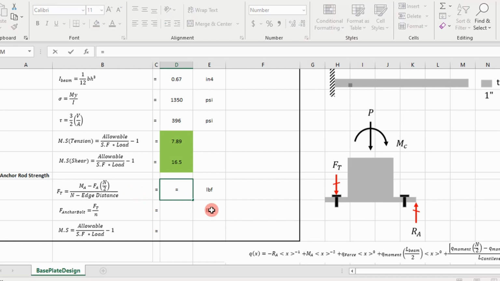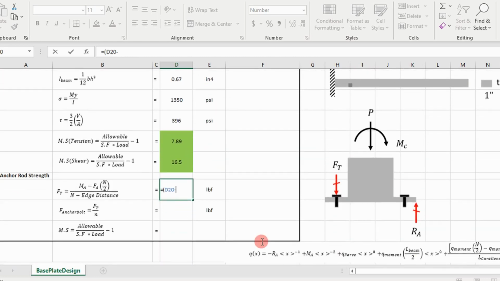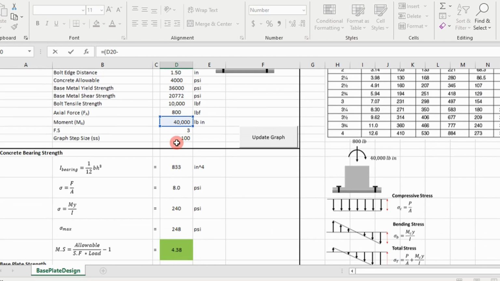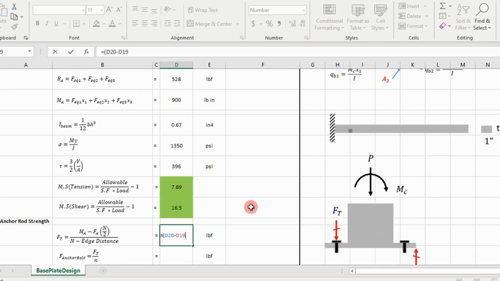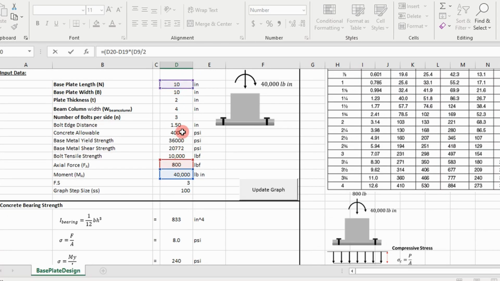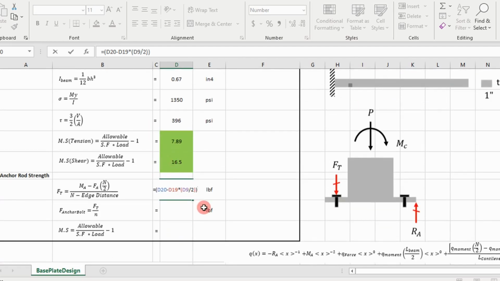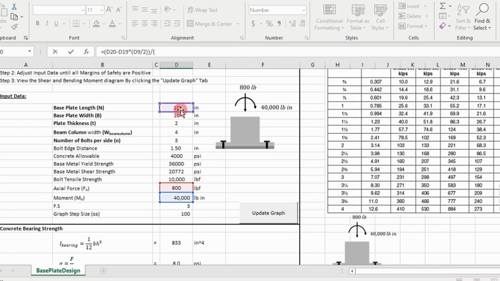So it's going to be our moment acting on this column minus the axial load here acting on our column, so 800 times n divided by 2, divided by n minus our edge distance.